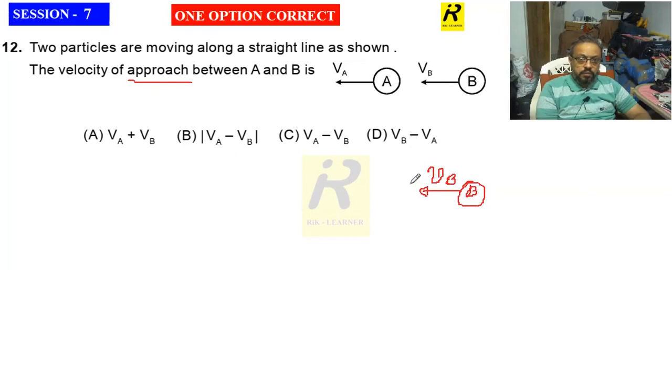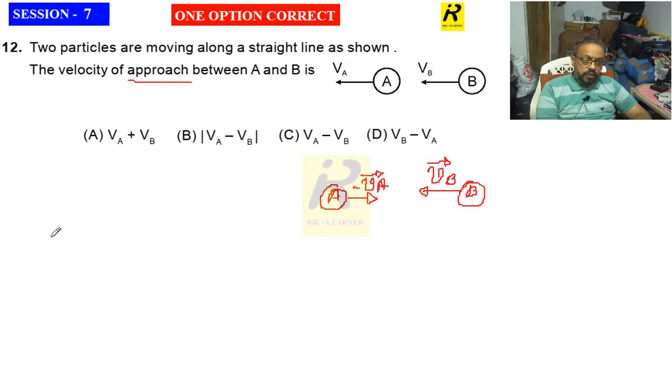It's a vector, no doubt. Meanwhile, if I represent the velocity of particle A as a vector VA like this, definitely this will be minus. This is the correct way of representing any vector. So it's VB minus VA.